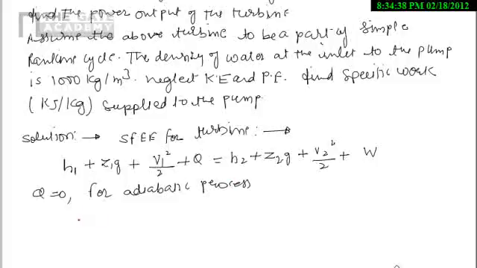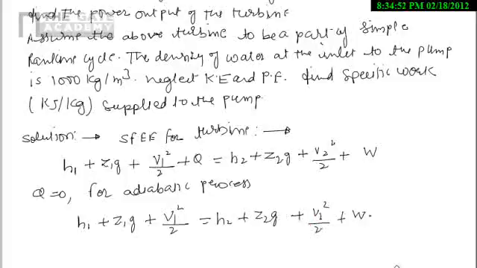So now we have H1 plus gZ1 plus V1 square by 2 equals H2 plus gZ2 plus V2 square by 2 plus W.